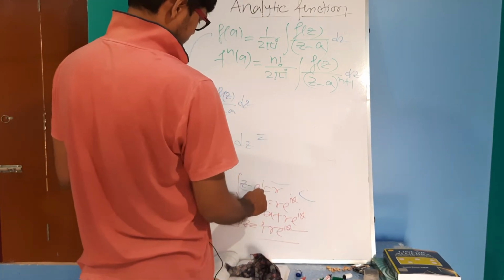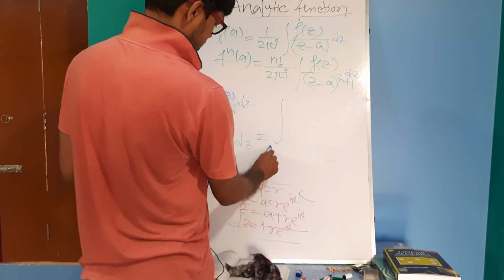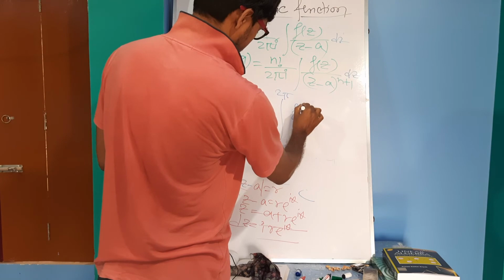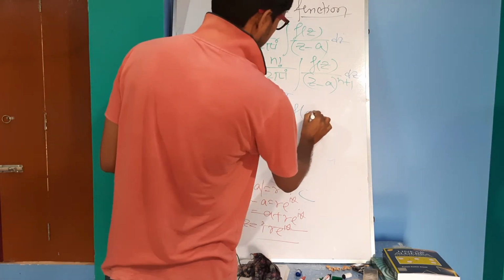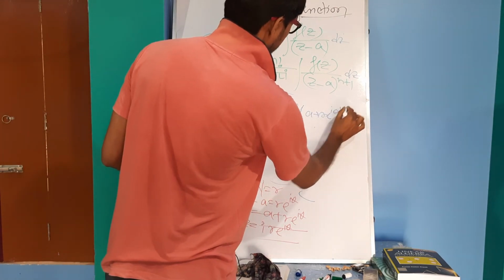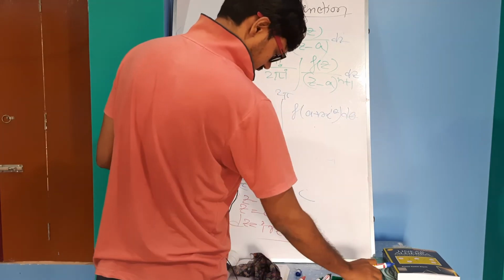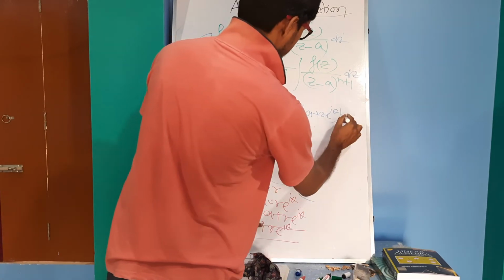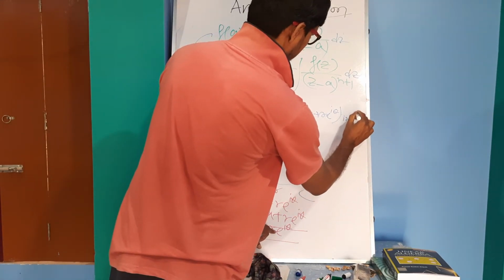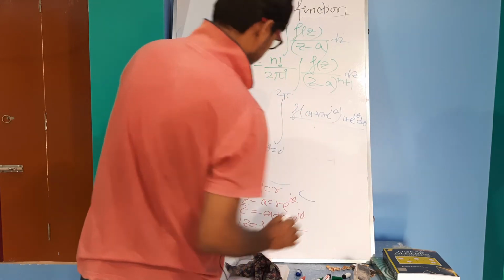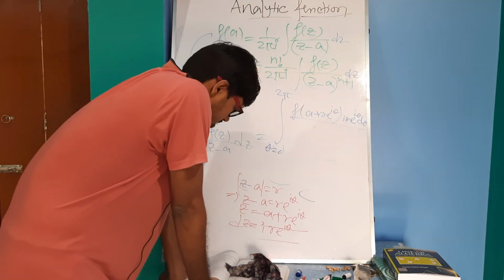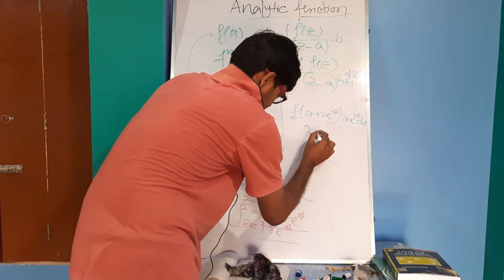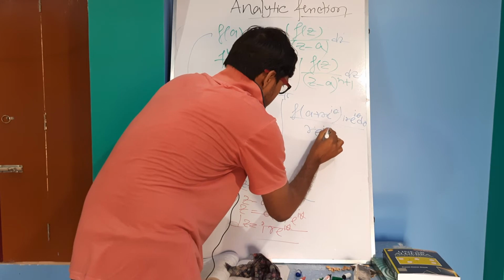So just take theta from 0 to 2 pi, f of z will be f of a plus r e power i theta, and dz equal to i r e power i theta d theta, divided by z minus a equal to r e power i theta.